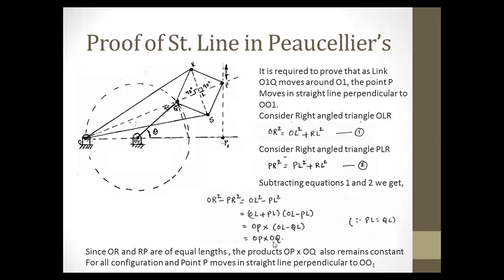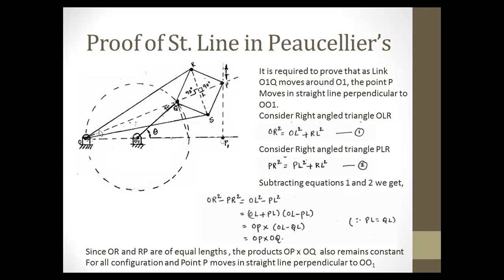So from this equation, we can say that since this value is a constant, the radius is a constant, OQ is constant radius into OP. That means the product of OP and OQ will also remain constant because OR and RP are of equal length.